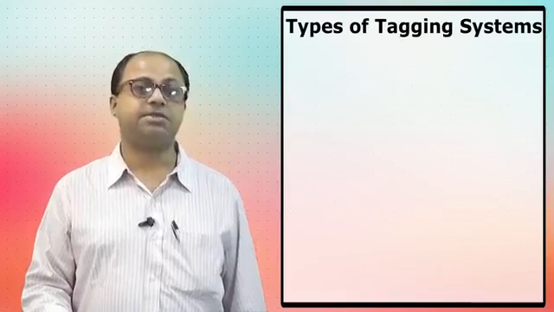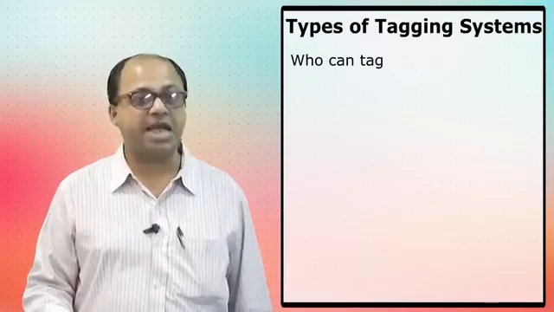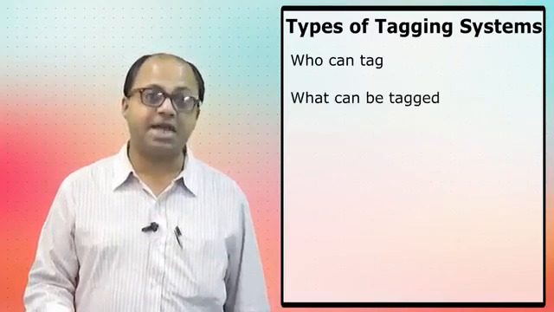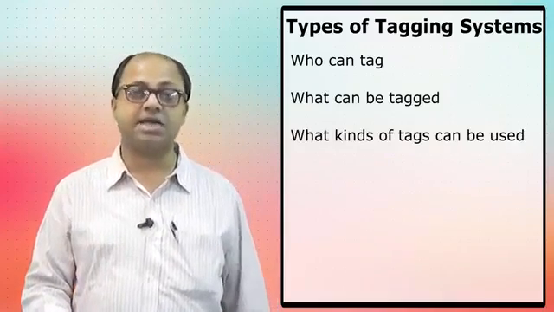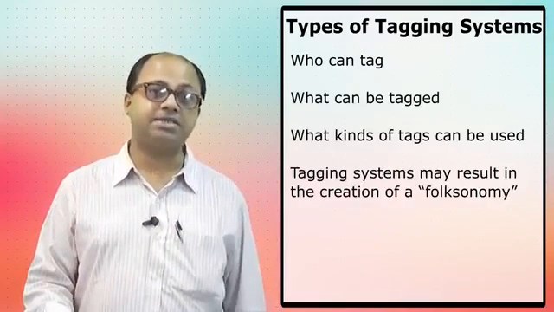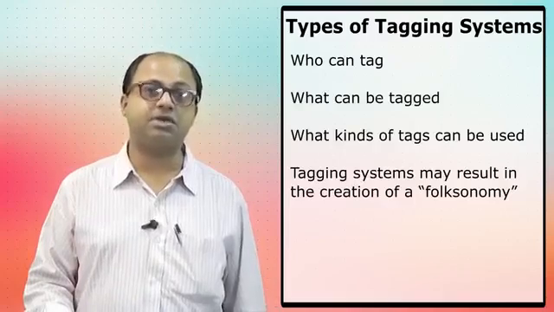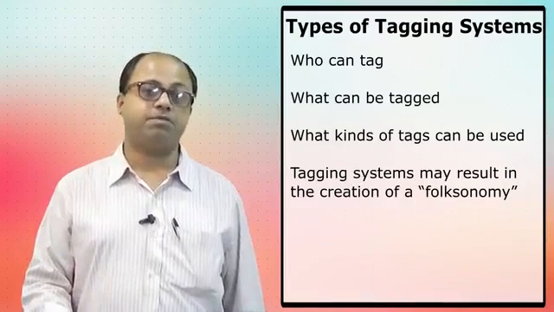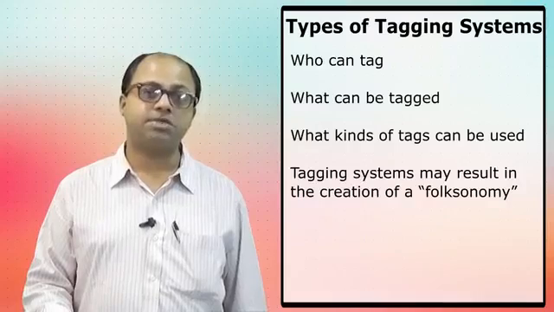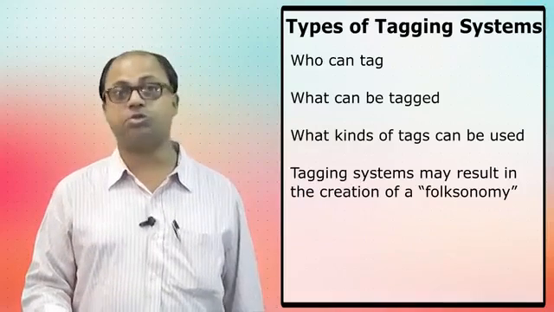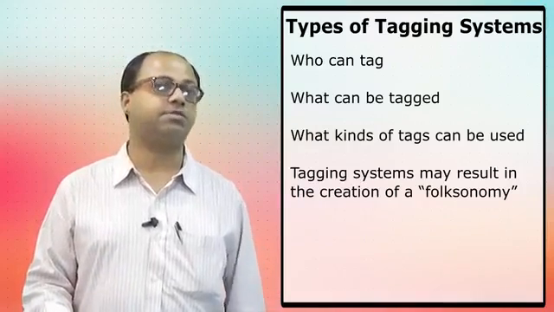Now, tagging systems define who can tag, what can be tagged, and what kinds of tags can be used. A tagging system may result in the creation of a folksonomy. Folksonomy means folk, meaning common people, the public, plus taxonomy. Taxonomy means the science of classification.